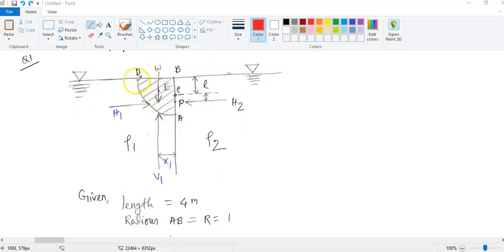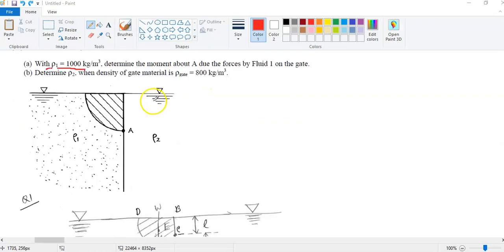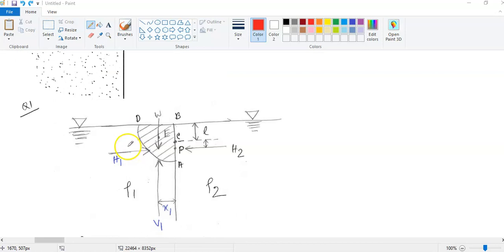So this is the quarter cylinder. If you look here, this is a curved surface, and this is the wall. If you see the question, it is hinged at the pivot A on top of the wall, which separates the two fluids. So this is the wall which separates the fluids.